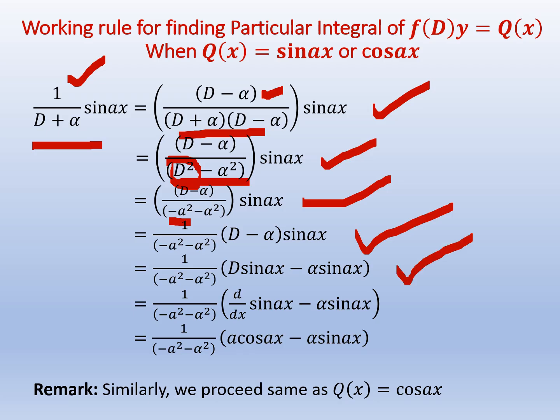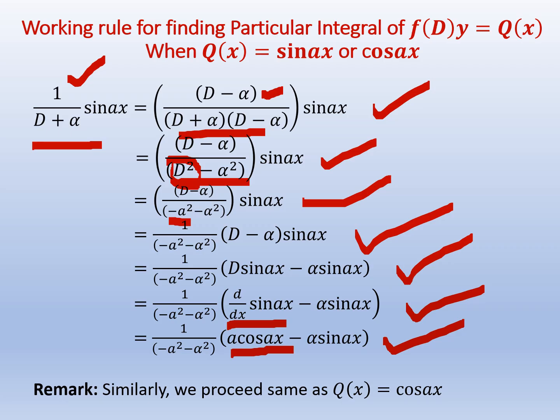This can be written as 1 by minus a square minus alpha square of D sin ax minus alpha into sin ax. This can be written as 1 by minus a square minus alpha square of d by dx of sin ax minus alpha into sin ax. Here we know that d by dx of sin ax is a times cos ax.